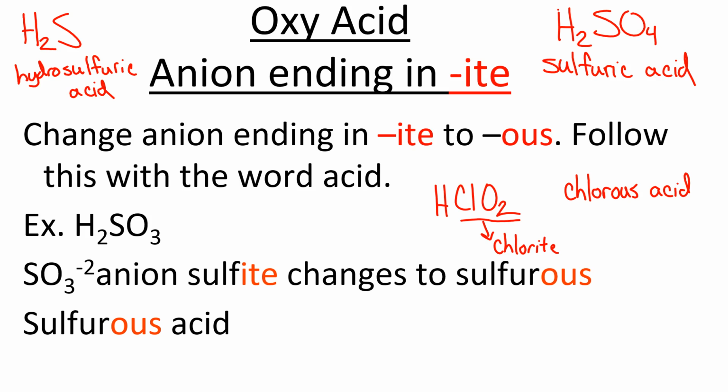If we see hydro in front of it, we know it's binary. If we put hydro here, there's no way for me to distinguish this acid from this acid. This one contains an oxyacid, so we drop the naming of hydrogen off. This one is binary, so we still include the hydrogen.